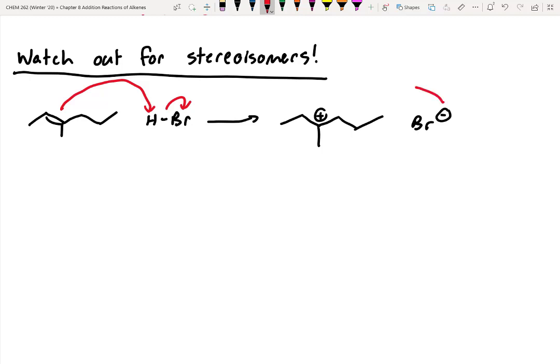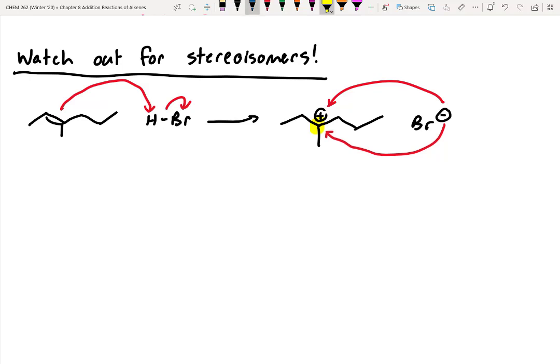And if we think about this, it can add into the carbocation through the top or the bottom. Why? Does anybody remember? So let's go back. What's the hybridization of this central carbon? It's sp2, right? So if it's sp2, what's the geometry?